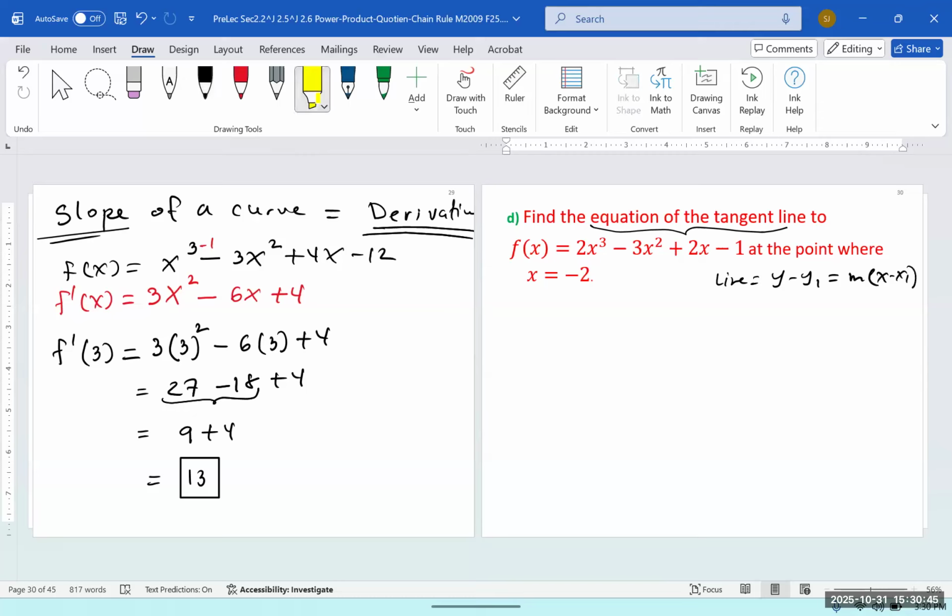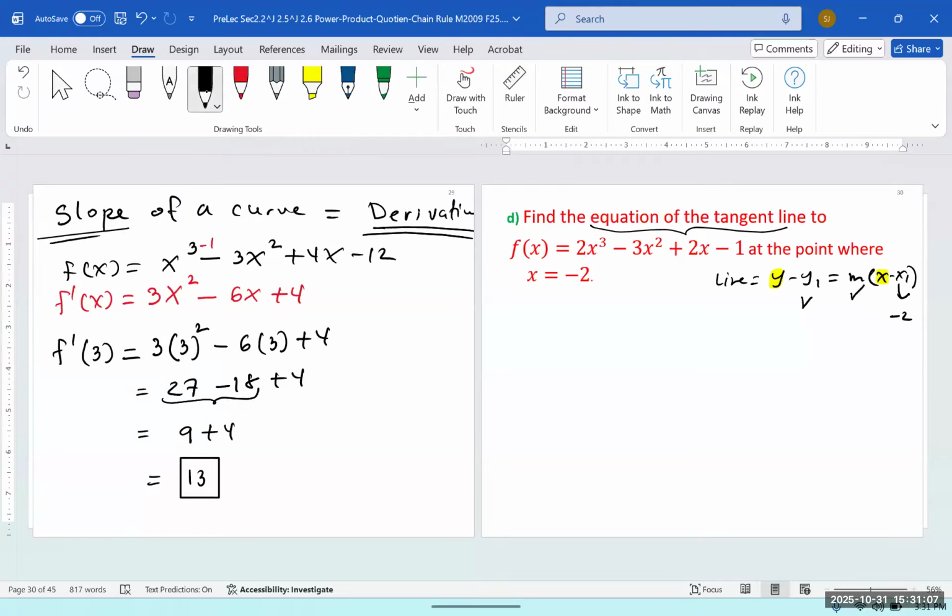In this format, we're not going to change x and y. Every equation has x and y. So that means we need to know y1, x1, and slope. Which one is given already? X1 is -2. So we need to know what is y1 and slope.